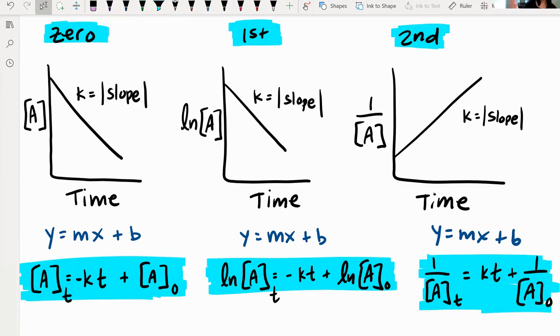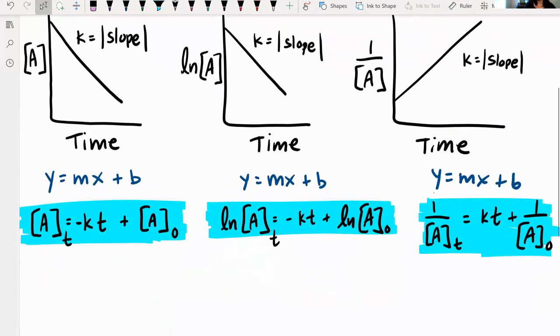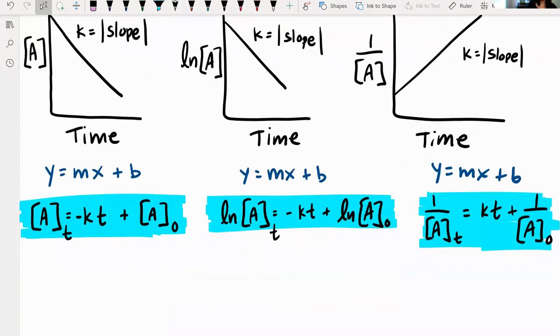When you guys go on to do more advanced chemistry, you'll learn about all the other ones. But for this class, we only concern ourselves with half-lives for first order reactants. So I'm just going to continue underneath the first order column. We only care about half-life for first order.